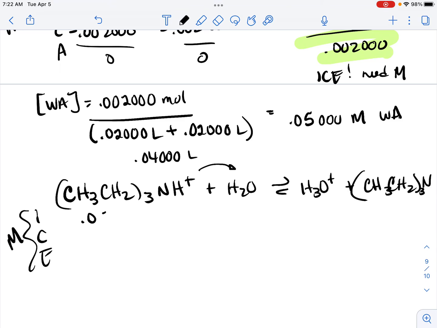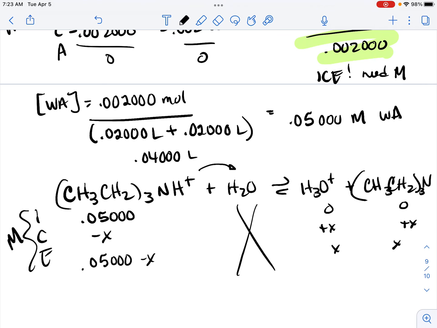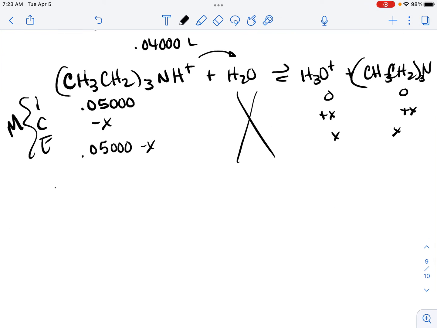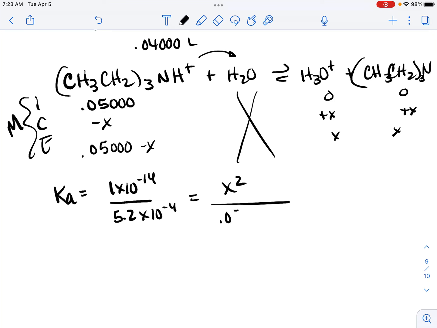So I'm going to put in 0.05000, and that's all that's in there because everything else was used up. Minus x, 0.05000 minus x, plus x gives me x and x. And Ka, which I still haven't solved for, will be 1 times 10 to the negative 14th divided by Kb, which is 5.2 times 10 to the negative 4th, equals x squared over 0.05000 minus x.